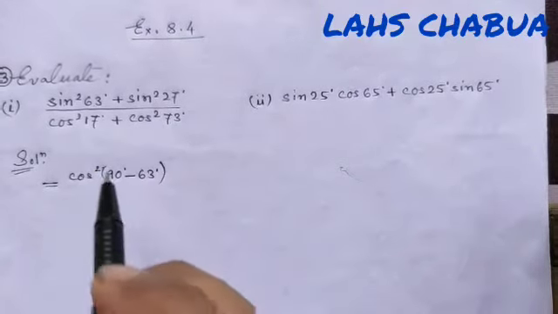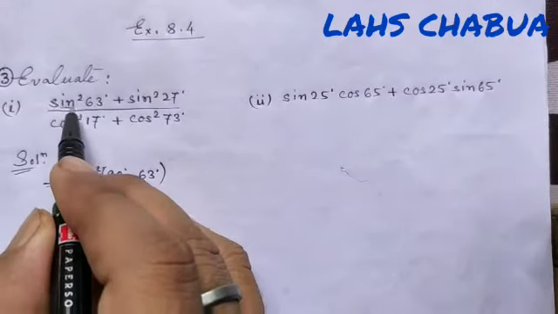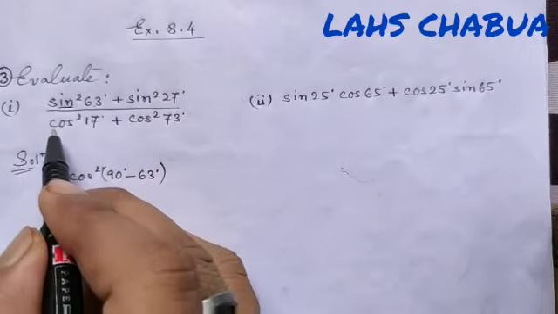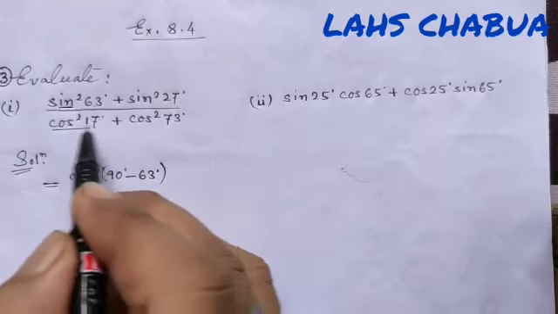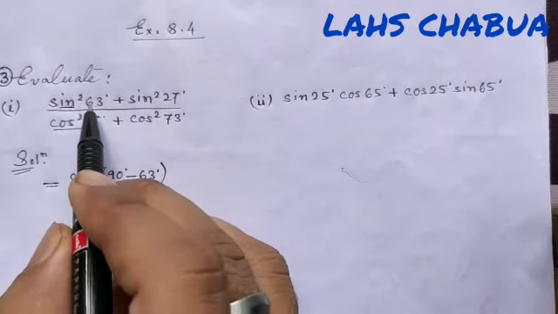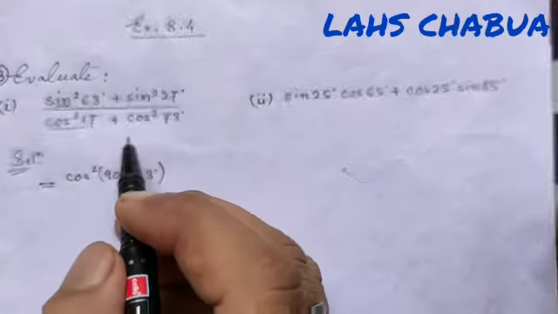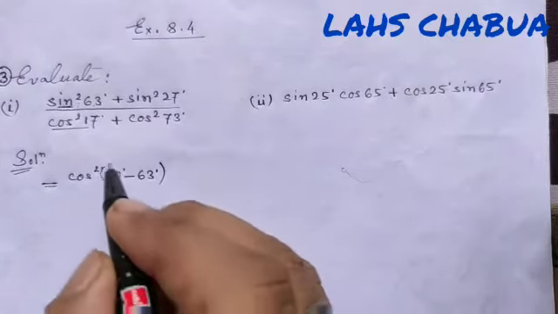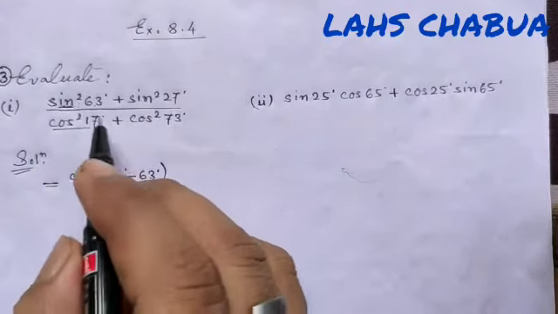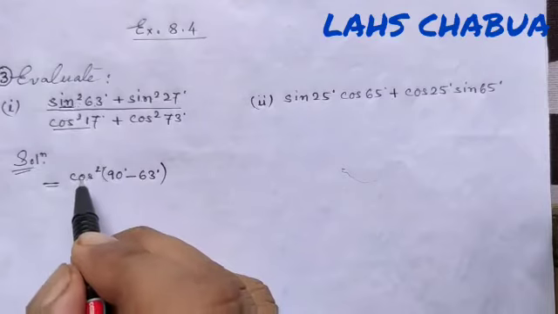In this question we are going to change only sine 63 from the numerator and cos 17 from the denominator. No need of changing the other two. If you change both, sine will change into cos, again sine will change into cos, and we can't get the answer. So that's why we are changing this from the numerator part, and from the denominator part we are going to change this.